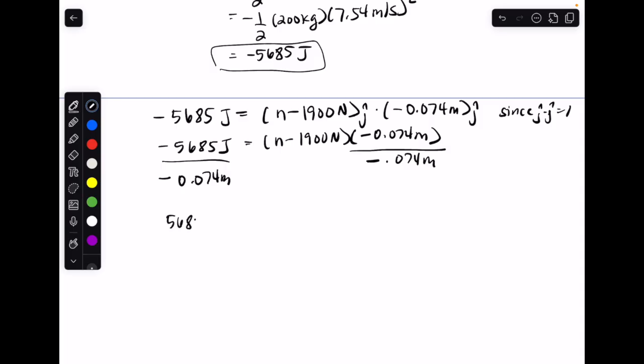So 5,685 divided by 0.74 plus 1900 will give me my normal force. Which is quite large, basically 78,700 newtons.